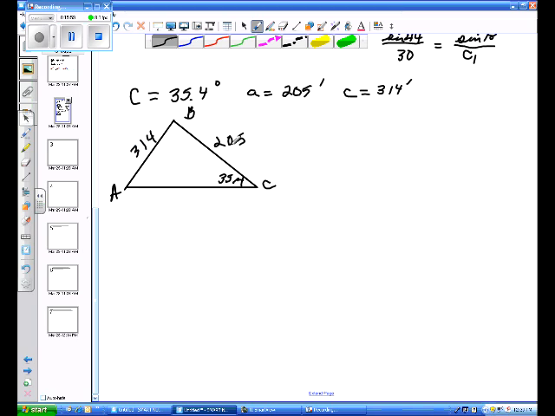So looking at what we've been given, two sides and an opposite angle, we're going to use the law of sines, but this is our ambiguous case. So let's find angle A. So we would say the sine of 35.4 is to 314 as the sine of A is to 205. Now remember, we can do the product that we can get.